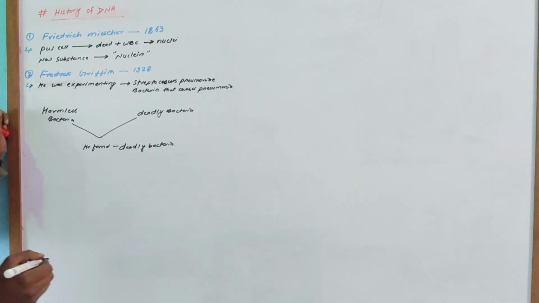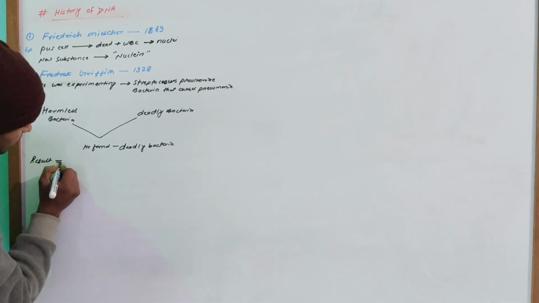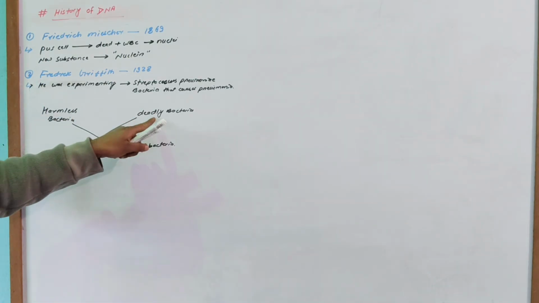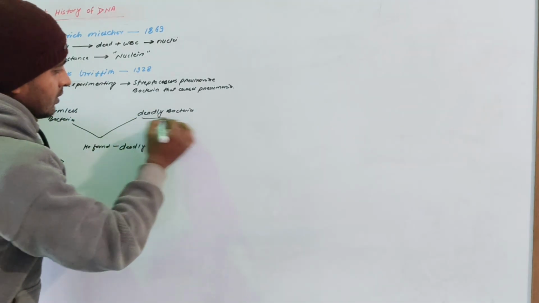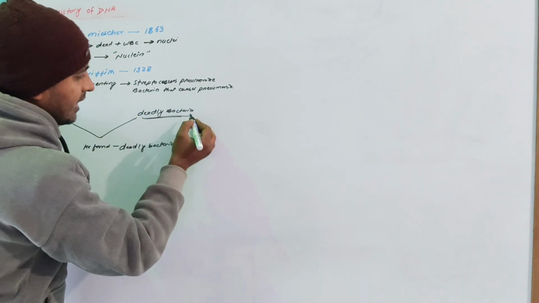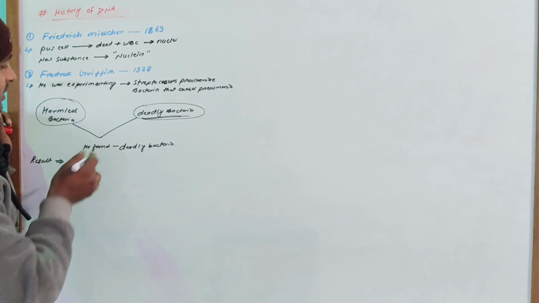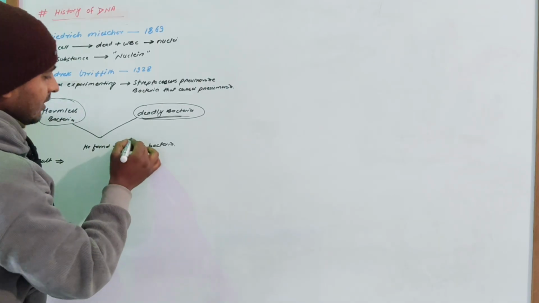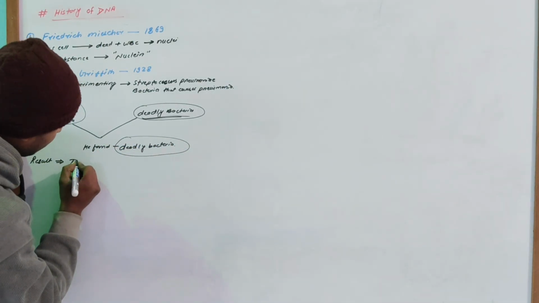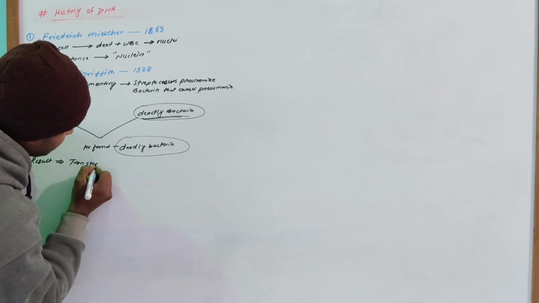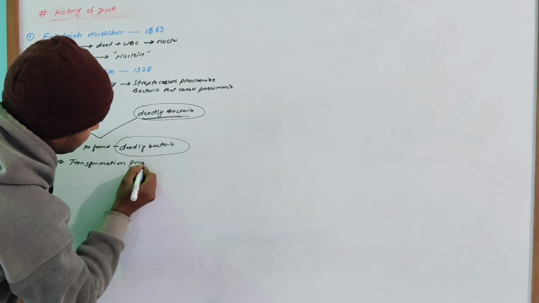So he concluded that something happened in between the two bacteria, in the deadly bacteria and harmless bacteria, that converted all the bacteria into deadly bacteria. So he named it the transformation principle.